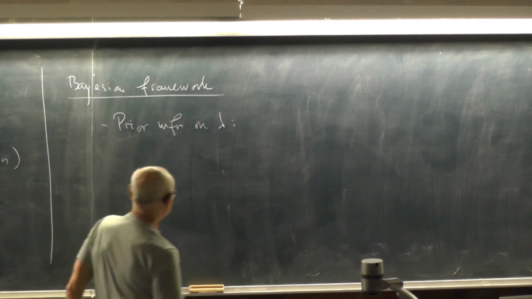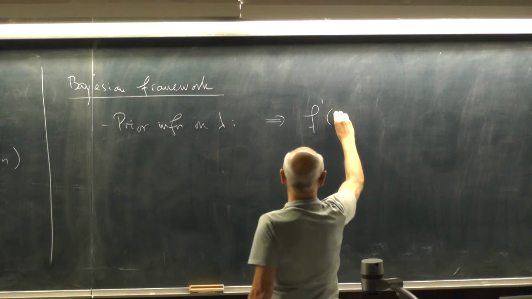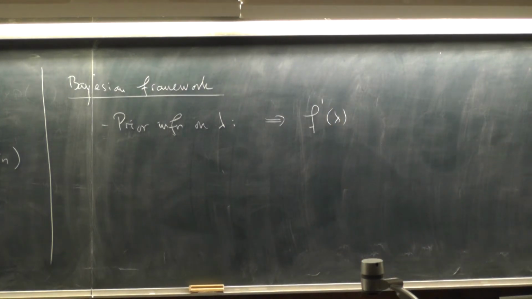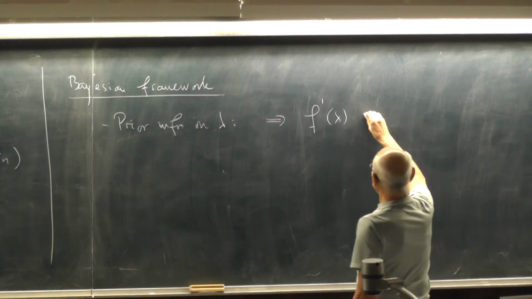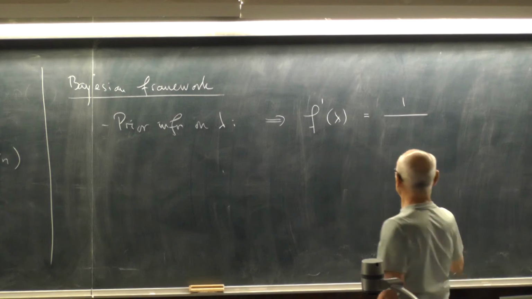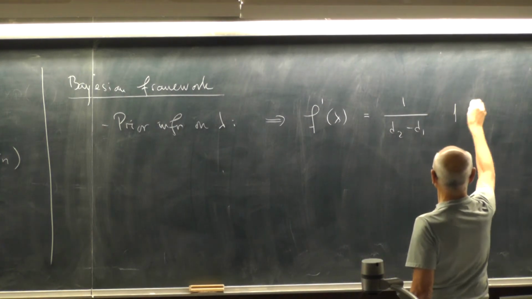So our prior density on lambda, which I denote by f prime of lambda, is going to be equal to 1 over d2 minus d1.